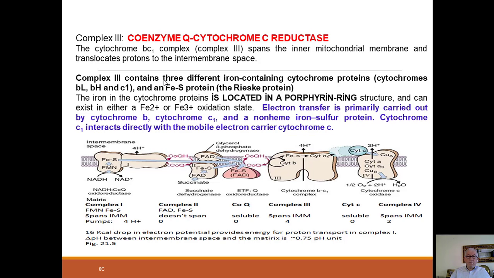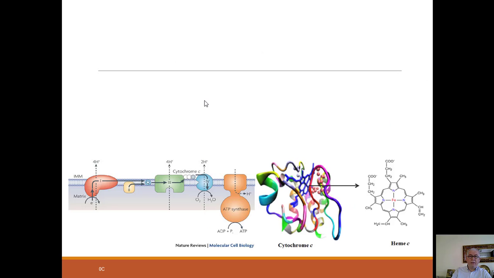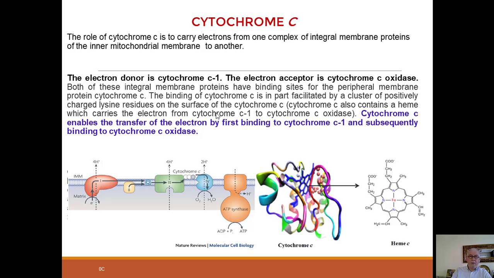And cytochrome c is a mobile type of cytochrome, located on the inner membrane, on the intermembrane space side. The role of cytochrome c is to carry electrons from one complex of inner mitochondrial membrane proteins to another. The electron donor is cytochrome c1, as I told you.